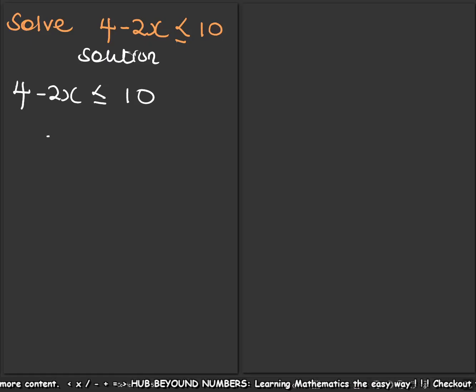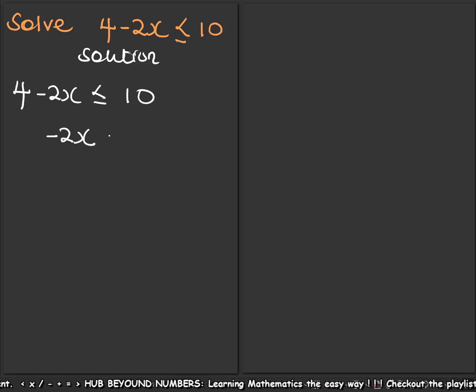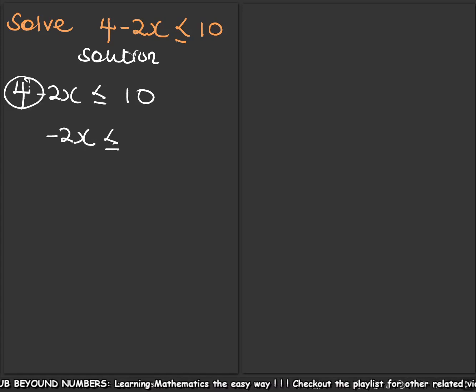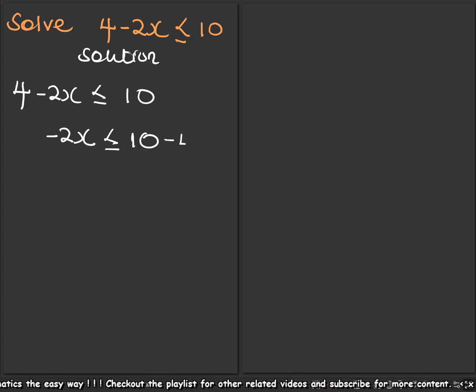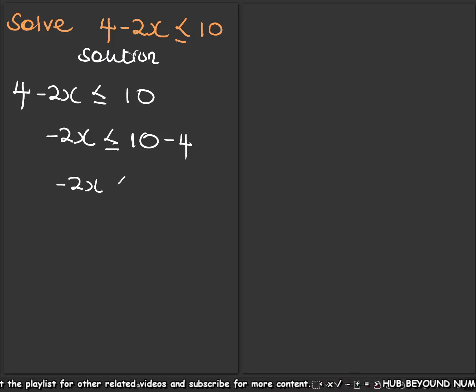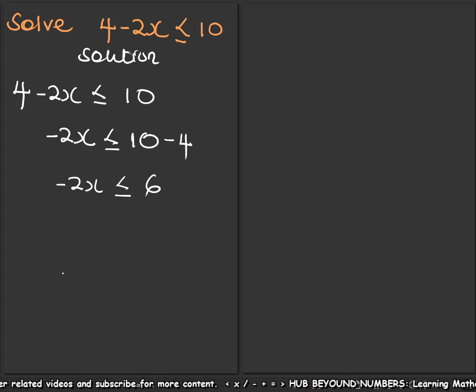Since we want to move this 4 to the other side, it's less than or equal to our 10. If the 4 moves to the other side, it becomes negative 4. So we have negative 2x less than or equal to 10 minus 4, which gives us 6. Now take note of what we are about to do here.